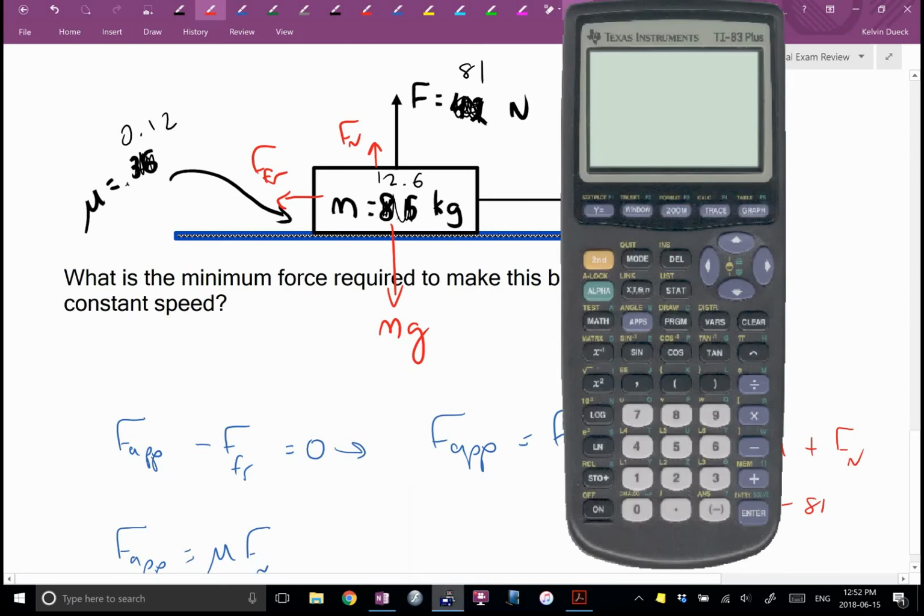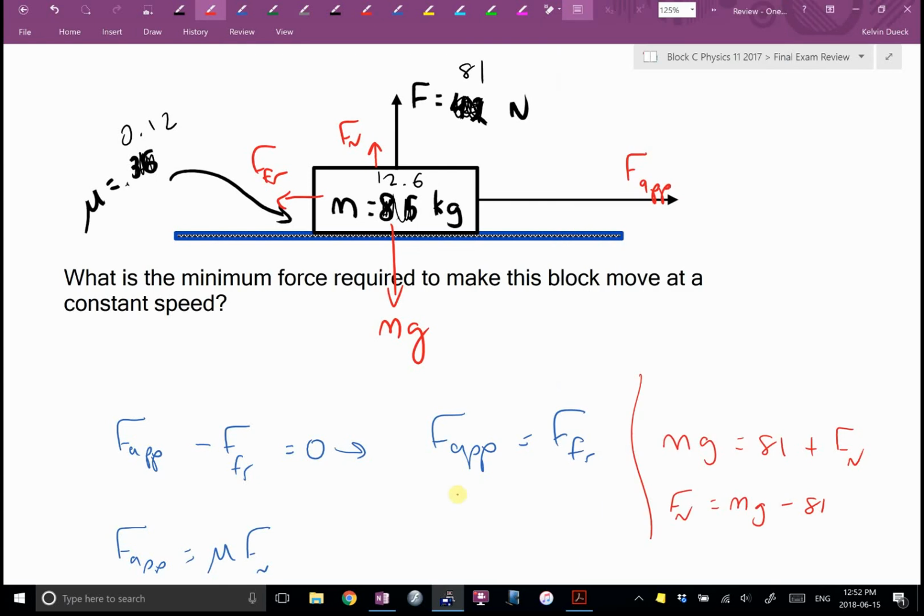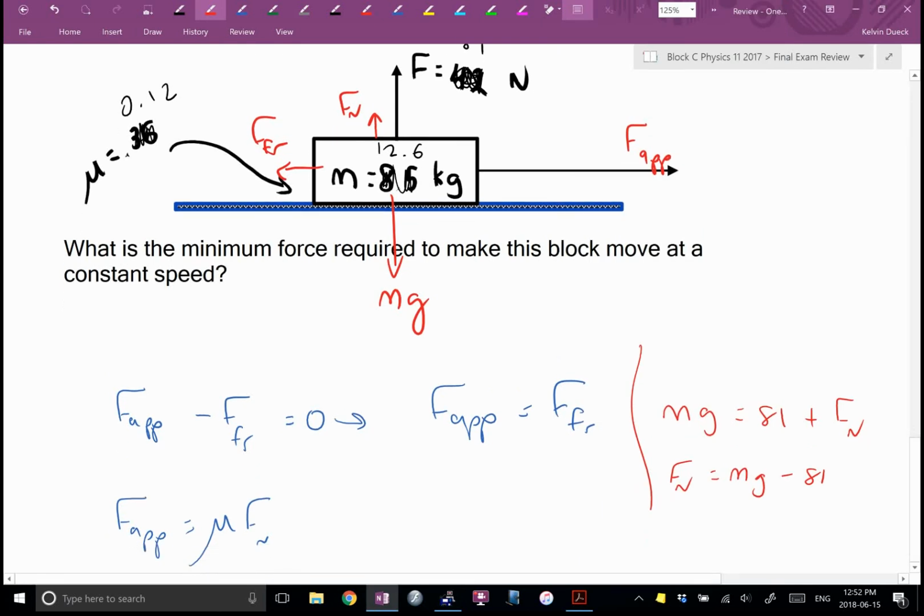So I'm going to go to my calculator really quickly: mg minus 81, and I get a normal force of 42.48. So the normal force is 42.48, and that's going to go over here. Now I can say friction is what times what? Mu times the normal force.